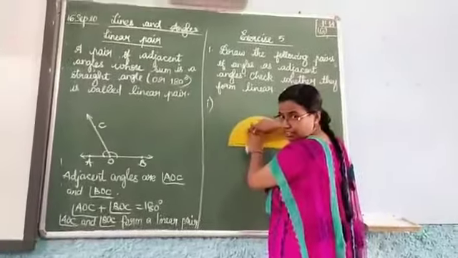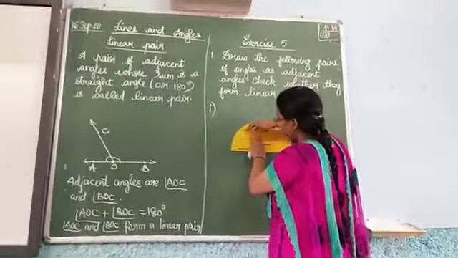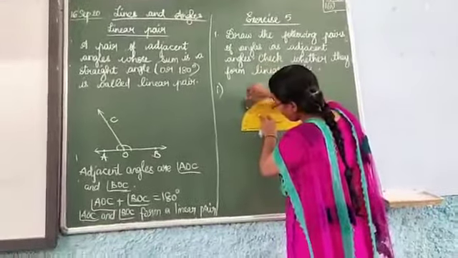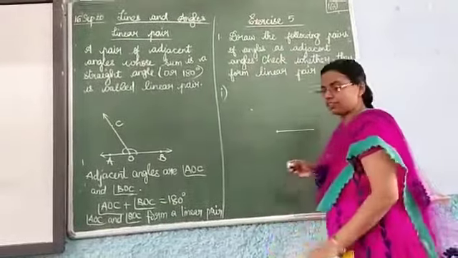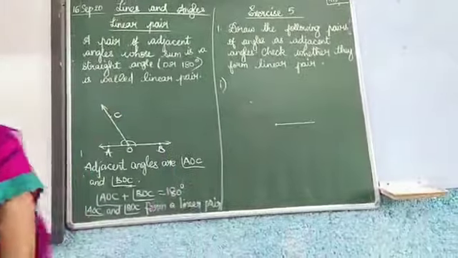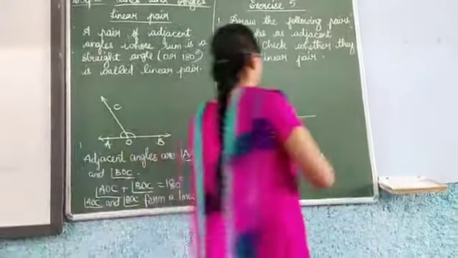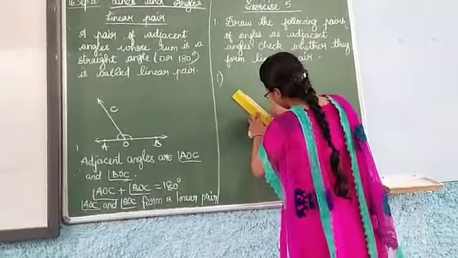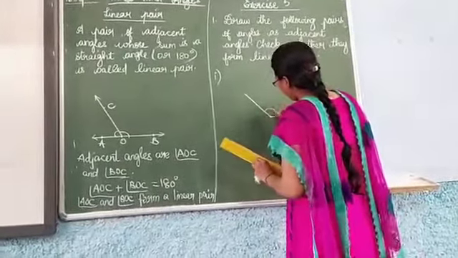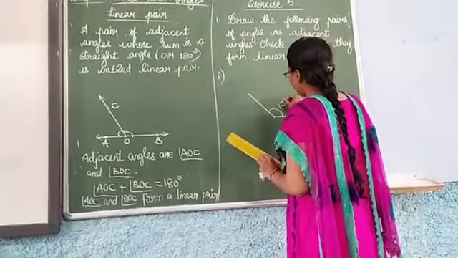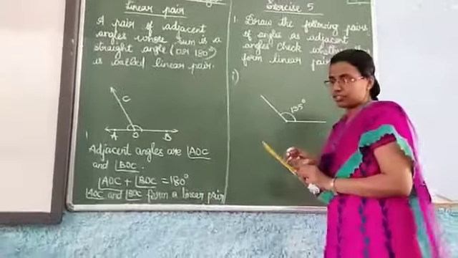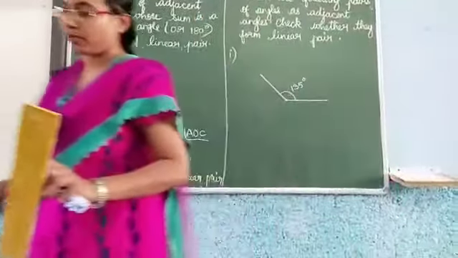Here 130 is there and 140. Between both of them you need to mark 135. After you finish marking, use your scale and join these two. And the angle formed is 135 degrees. Still we are doing only the question.